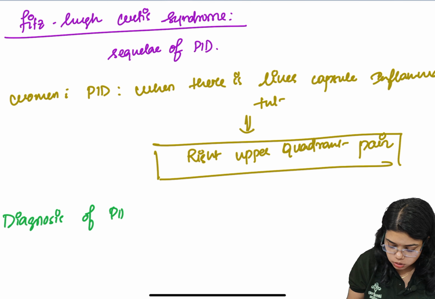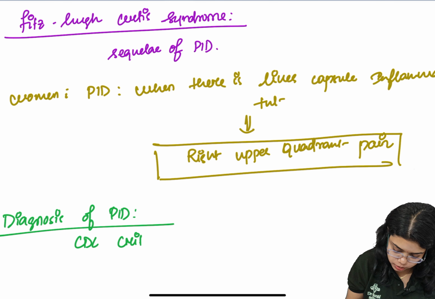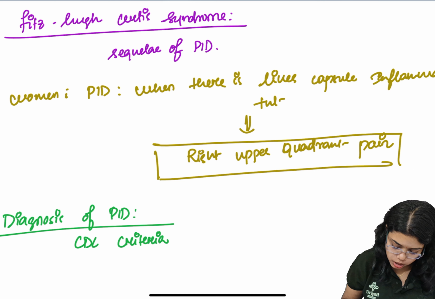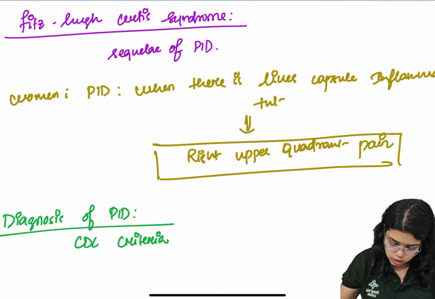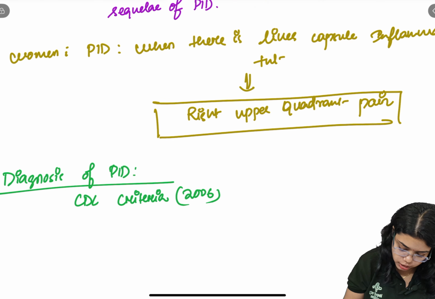Then for diagnosis of PID, we use the CDC 2006 criteria. What are the criteria?